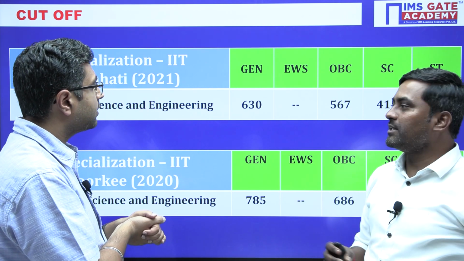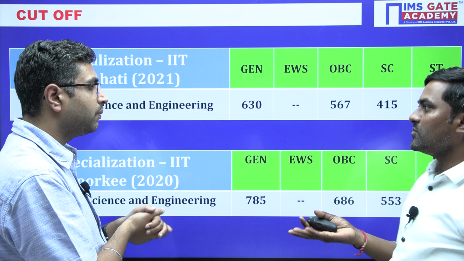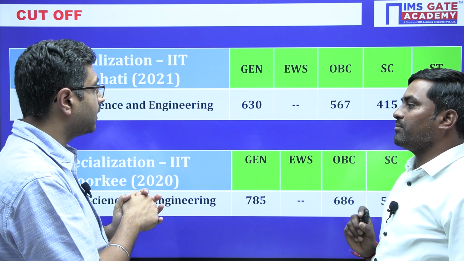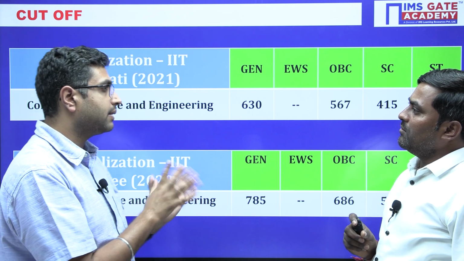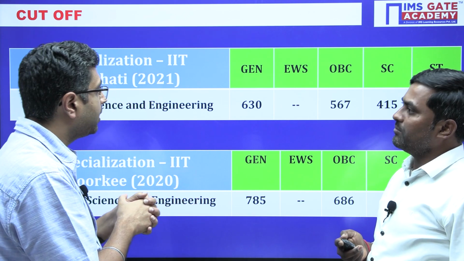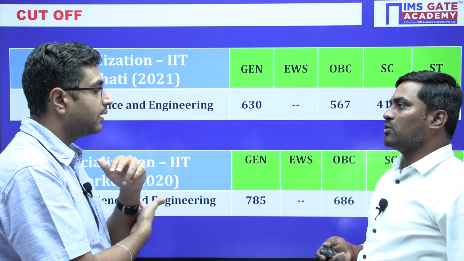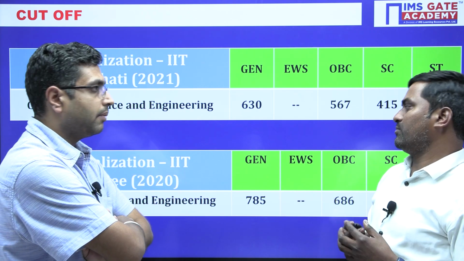But 630 seems quite low. In general 700 plus is the cutoff for IITs, so 630 is quite less, and they may take some interview.